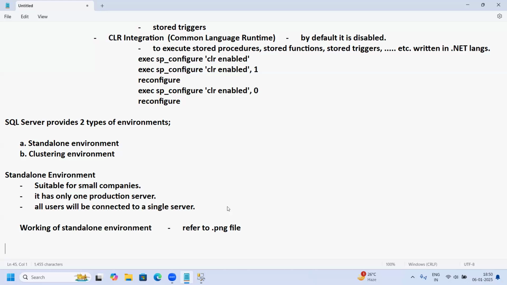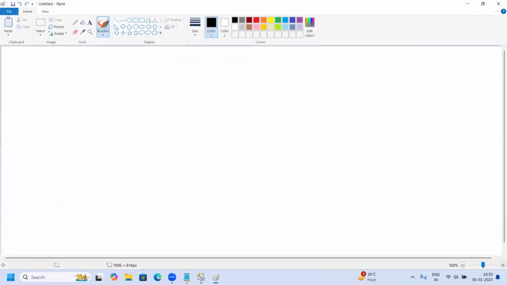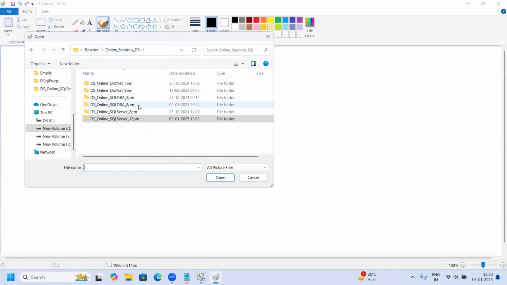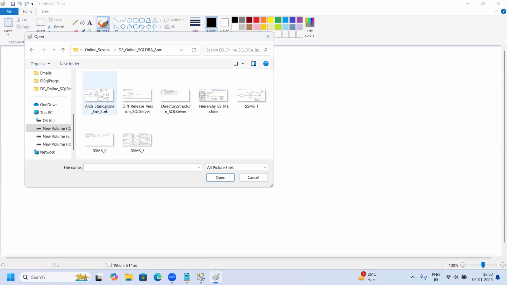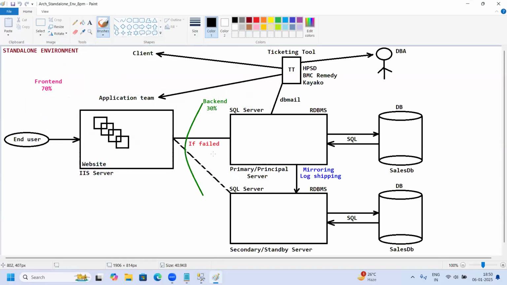The same picture I'll open and explain what I have discussed with them about this standalone environment. Let's open MS Paint. File, Open. 8 p.m. standalone environment. These things I have discussed already. The same picture I have opened for you.